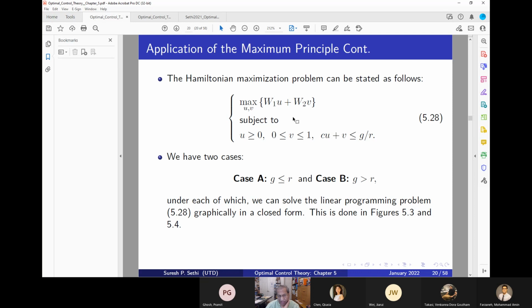You go as far as the solution stays the same, and then at some point the solution switches from one extreme point of the simplex to another. Then you stay at that point for a while until you go to the third point. So you go from one to the next as W1, W2 change over time, and you don't have to resolve the problem at every instant. You only have to resolve it at these switch points.